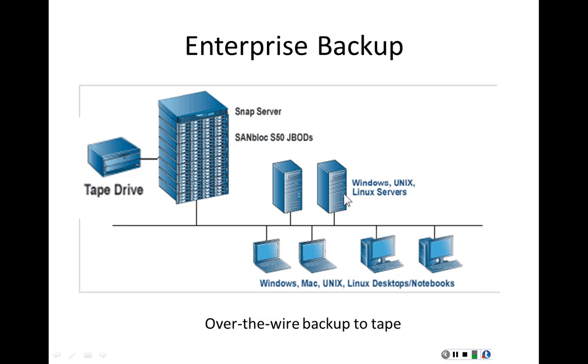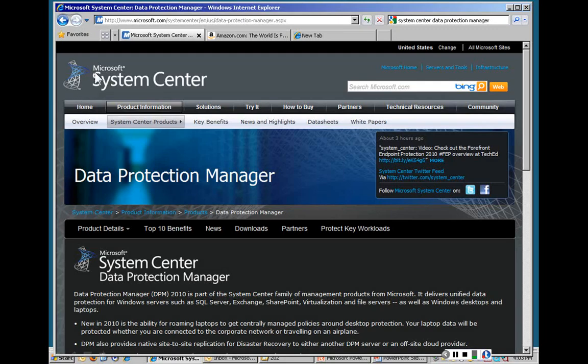So if you do want to do a backup over the wire to tape, that's what they call an enterprise backup, to do an over-the-wire backup to tape, then you might use a Microsoft backup product under the Windows System Center.